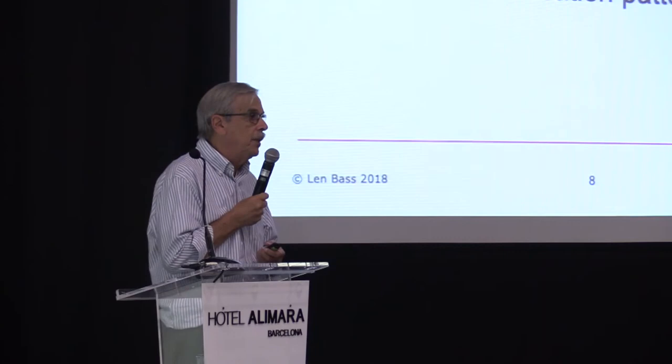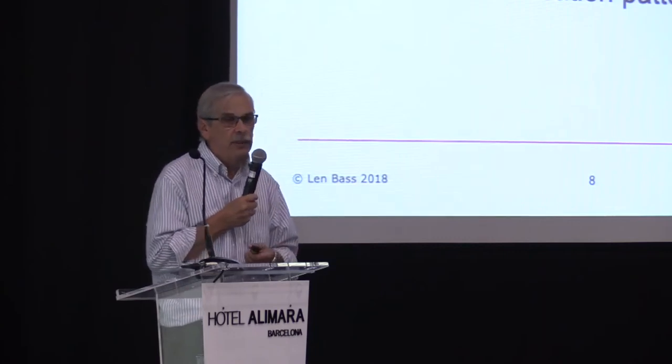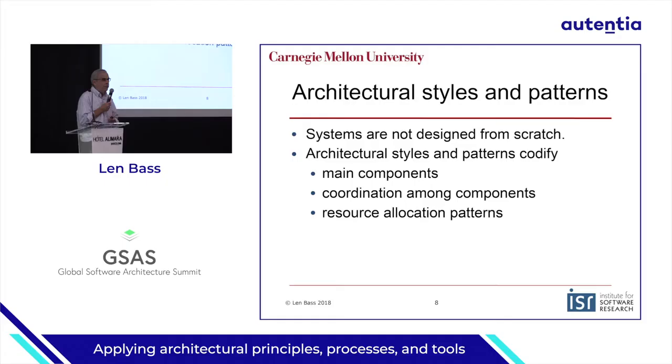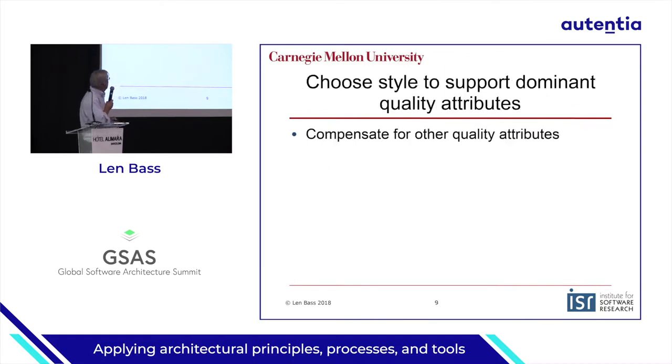So those are typically given in an architectural style. You can get into a big debate between architectural styles and architectural patterns, and I don't want to do that. And what happens is that you've chosen your particular style because it is good for the quality attributes that are most important to you.